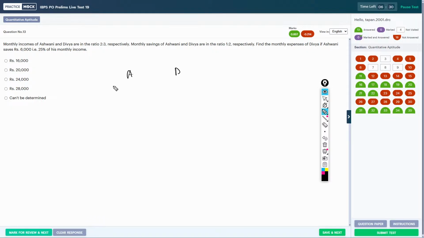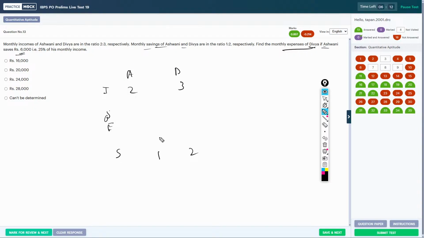Ashwini, Divya, income 223, monthly savings. Okay, so expenditure, savings 122, monthly expenses of Divya. Find the monthly expense of Divya.